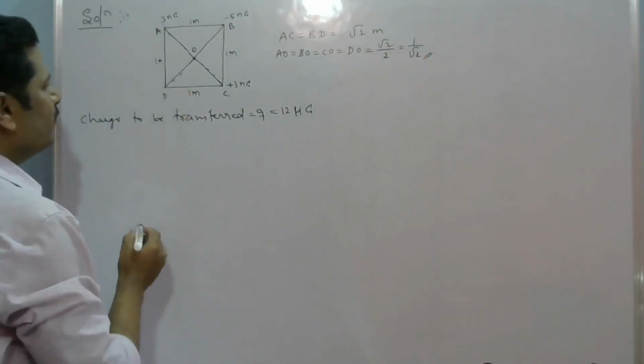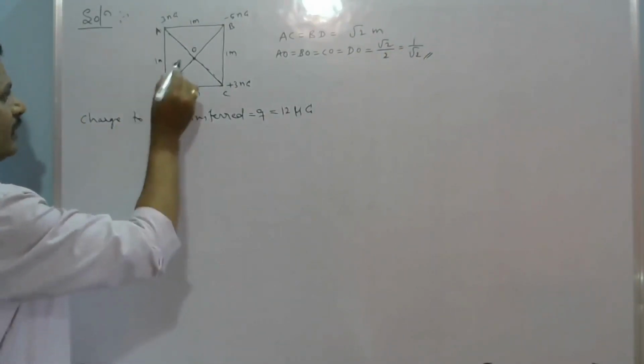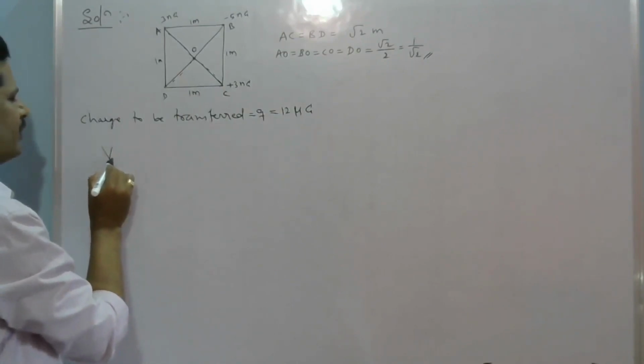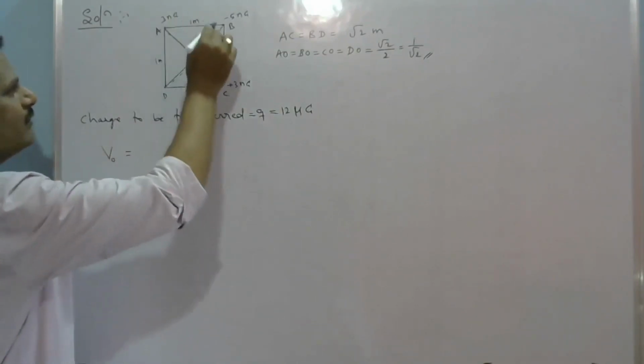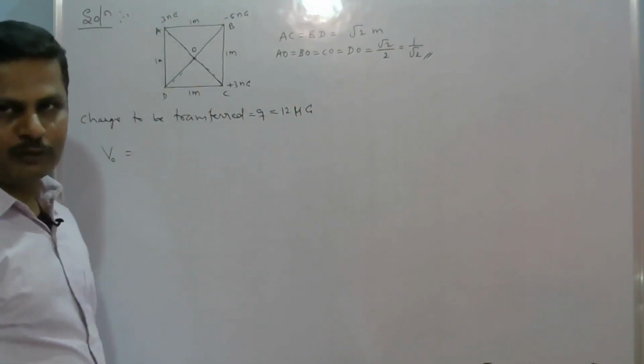Now the electric potential at O. There are three charges, so we can use the superposition principle of electric potential.